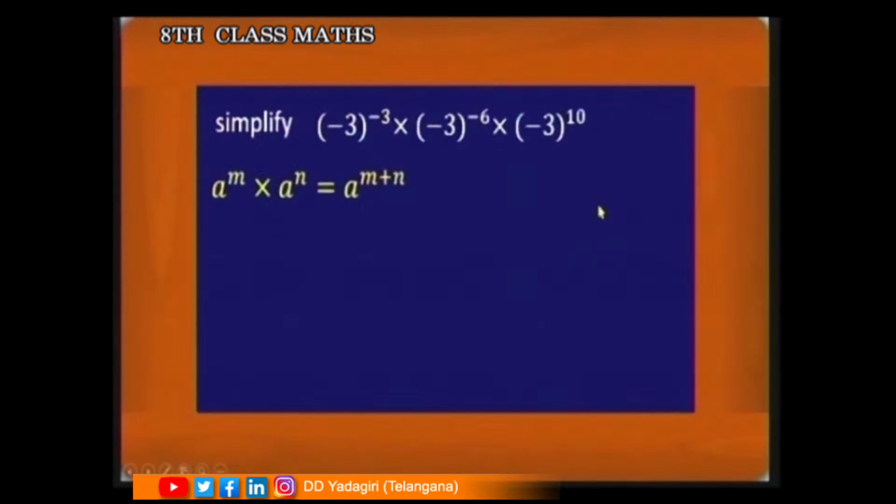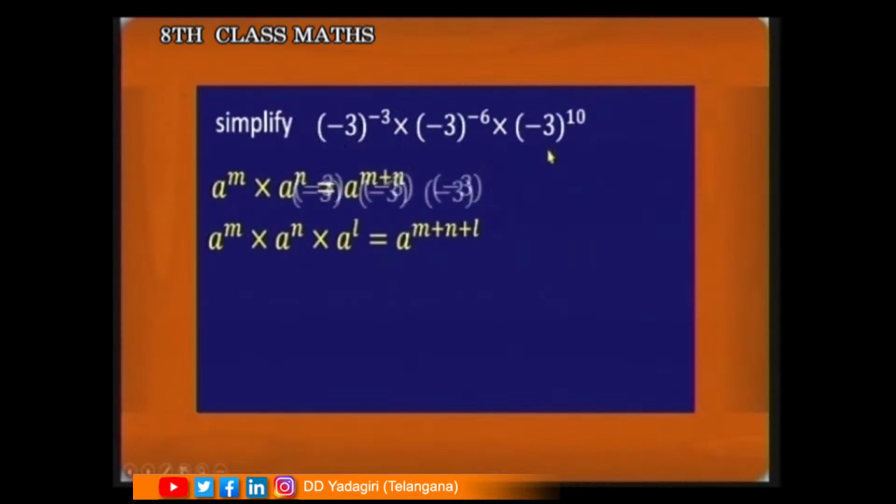And now look at, as you know, a power m into a power n equal to a power m plus n, we can extend this formula to any number of bases which are the same, and they should be under multiplication. If all the bases are the same and they are under multiplication, this formula can be extended to all those bases. Thus, we can simplify this problem in a single step: take a single base minus 3.